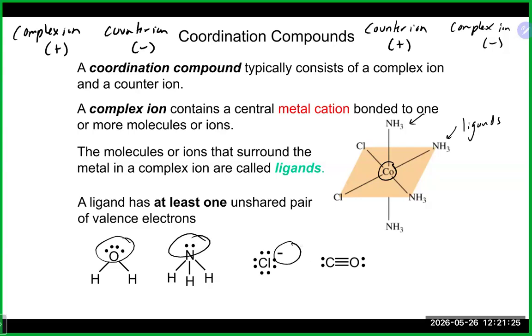Also, anions, which are negatively charged, are really good because in order to be negatively charged, they had to gain electrons, which means they have some electrons to give. So things with negative charges, or non-bonding electrons in a polar molecule on electronegative atoms, are really good ligands.